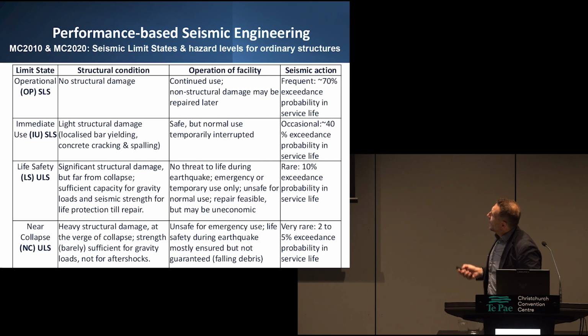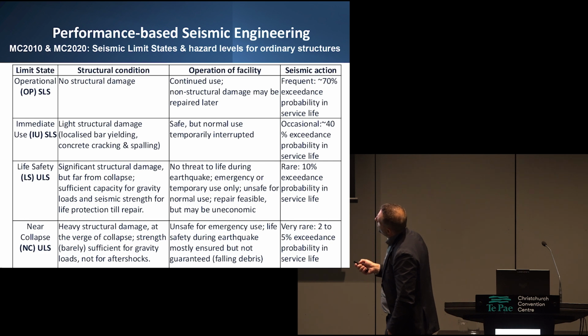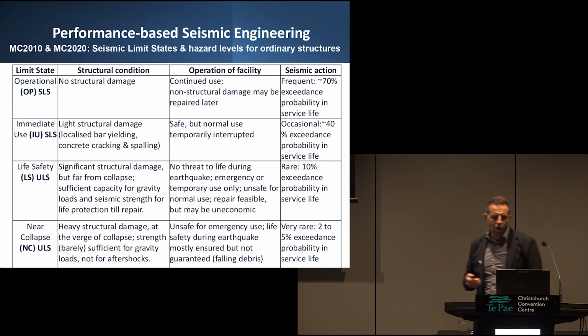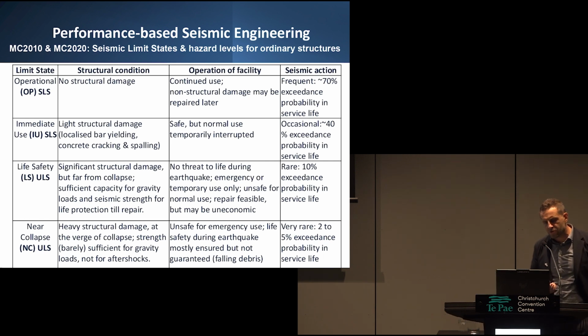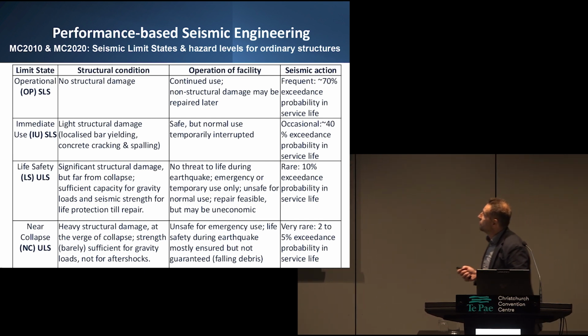So in terms of performance levels, there are four: operation, immediate occupancy, life safety, collapse prevention. These are the hazard levels. You go from frequent earthquakes with the return period association up to very rare. And obviously with these, there is associated damage and the operation of the facility.